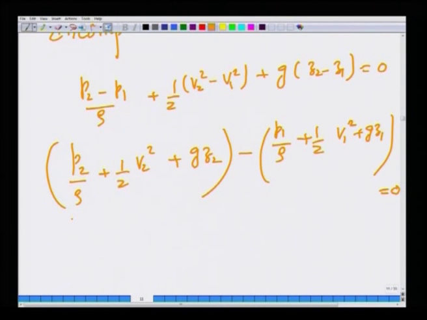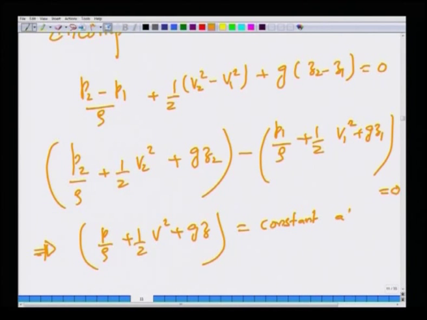Since points 1 and 2 are arbitrary, all this means is that P by rho plus half V squared plus g Z is a constant along a streamline. And this is the famous Bernoulli equation.